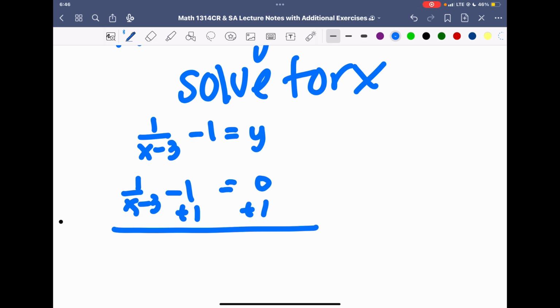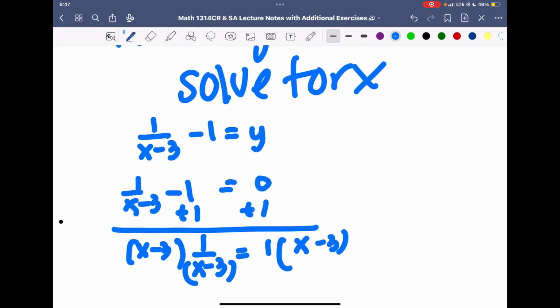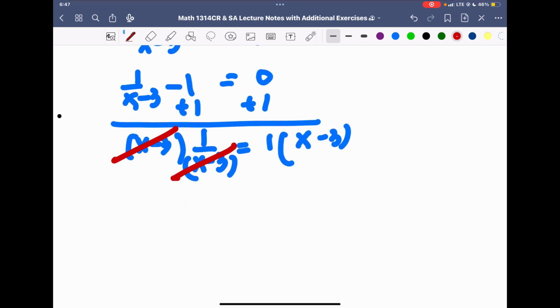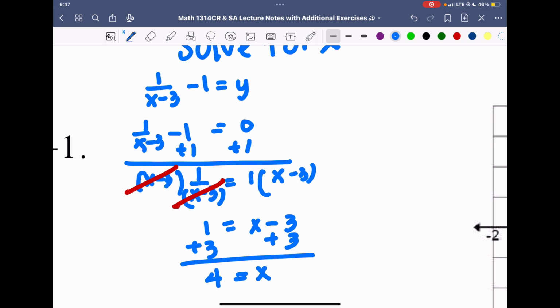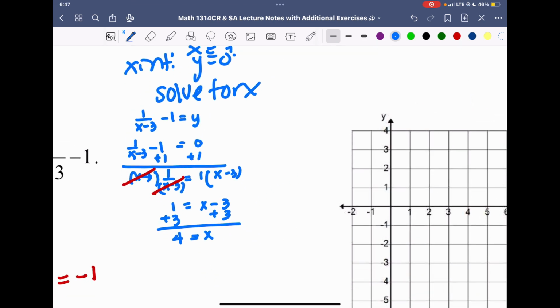So we're going to get 1 over x minus 3 equals 1. You can do the reciprocal, so multiply both sides by x minus 3. These two on the left will simplify. And on the right, you're going to get 1 equals x minus 3, x equals 4. That's your x-intercept.